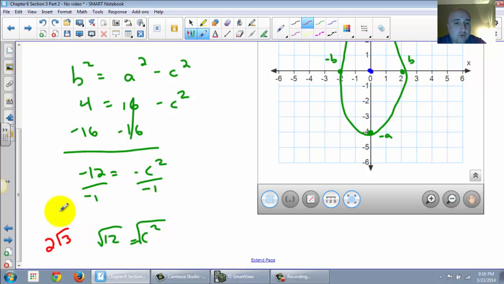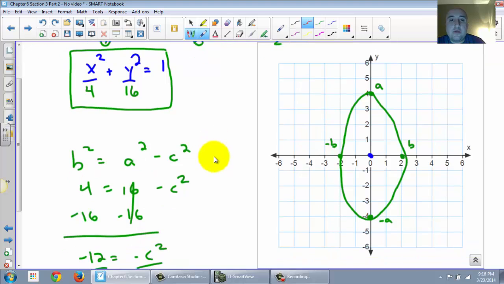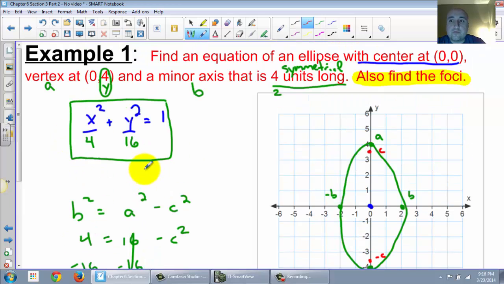So 3.46 equals C. Remember, C always goes with A, so I need to go 3.46 up. There's our positive C, and negative 3.46 down, there is our negative C. Our focus points are 0, plus or minus 3.46.